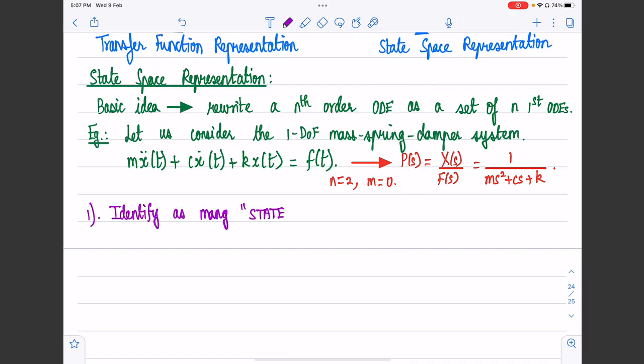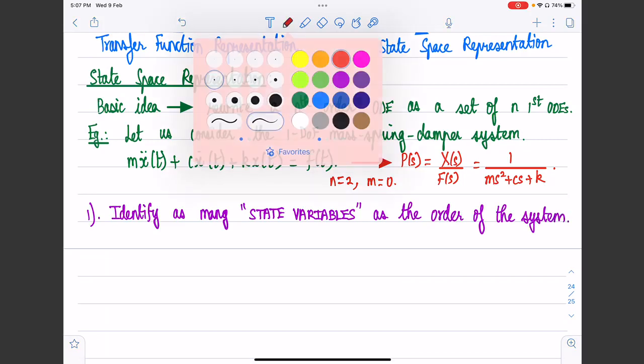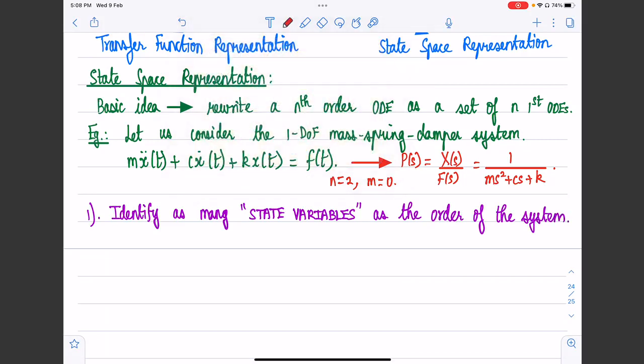I will shortly define what these state variables mean. So the first step behind getting the state space representation is to identify as many state variables as the order of the system. So what are these state variables?